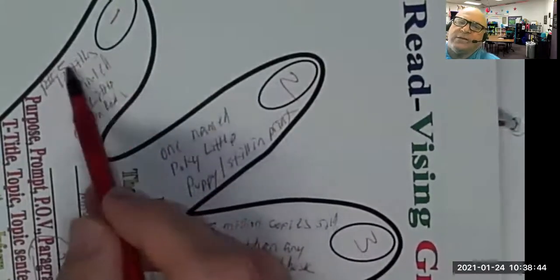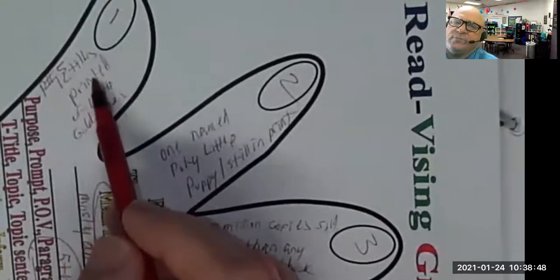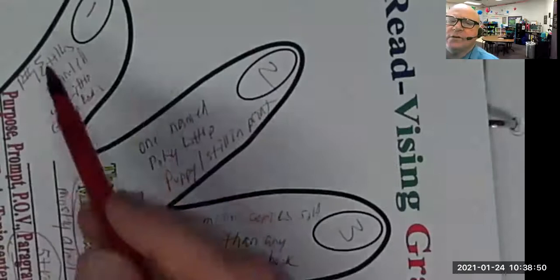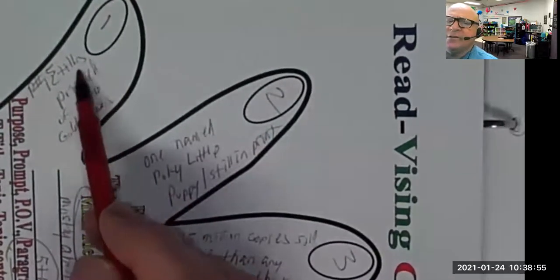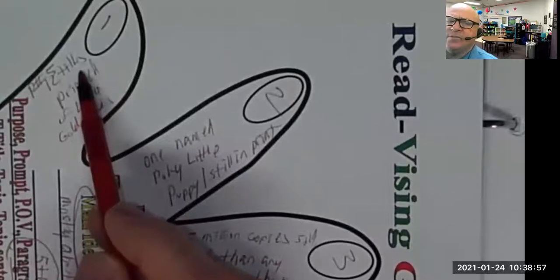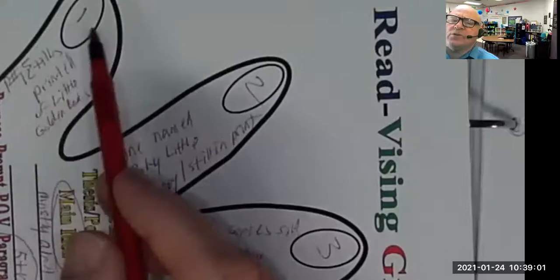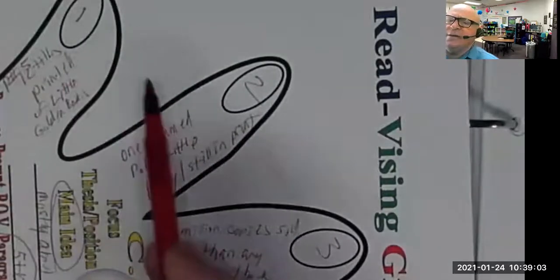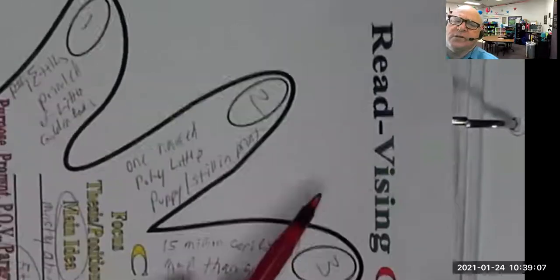Okay, so we might call that the topic sentence of the whole section, the main idea. About 12 different titles, and books and titles are plural, so we better make sure that we understand that we need to be talking about several books.